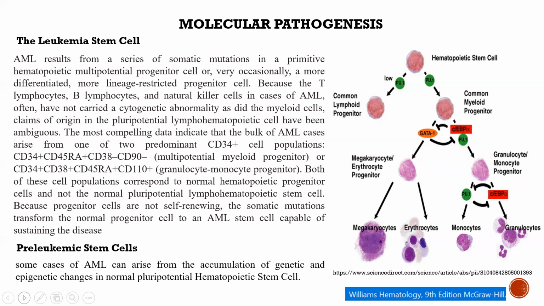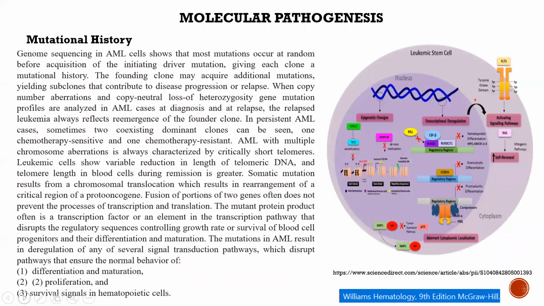Some cases of this disorder can arise from the accumulation of genetic and epigenetic changes in the normal pluripotential hematopoietic stem cell. Genome sequences in acute myeloid leukemia cells show that most mutations occur at random before acquisition of the initiating driver mutation, giving each clone a mutational history. The founding clone may acquire additional mutations, yielding subclones that contribute to disease progression or relapse.